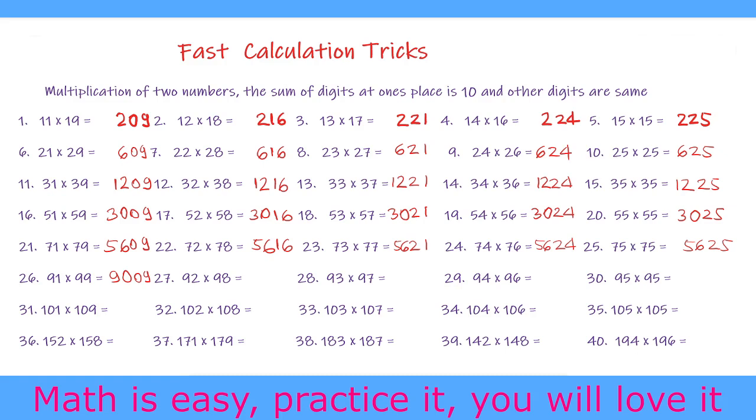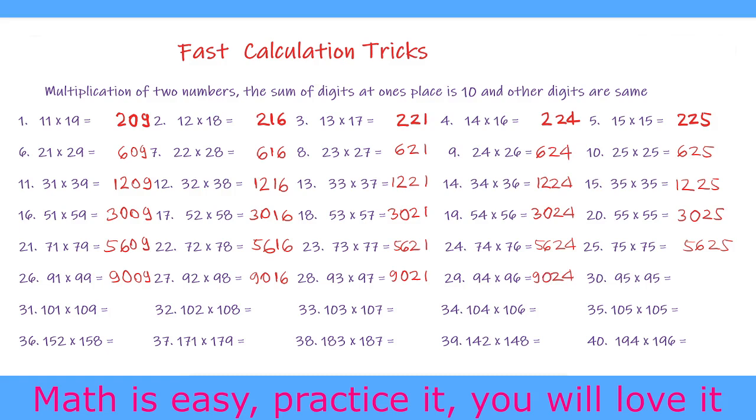92 multiplied by 98. So 2 times 8 is 16 and 9 multiplied by next higher number is 10. 9 multiplied by 10 is 90. 93 multiplied by 97. 7 times 3 is 21 and 9 times 10 is 90. So our multiplication is 9021. 94 multiplied by 96. 6 times 4 is 24 and 9 multiplied by 10 is 90.